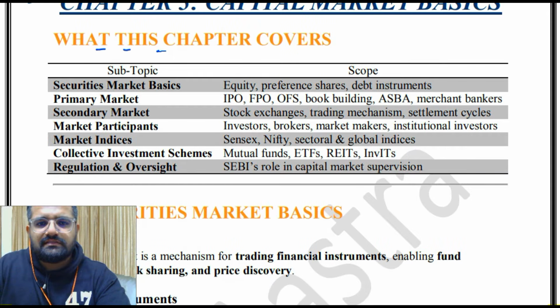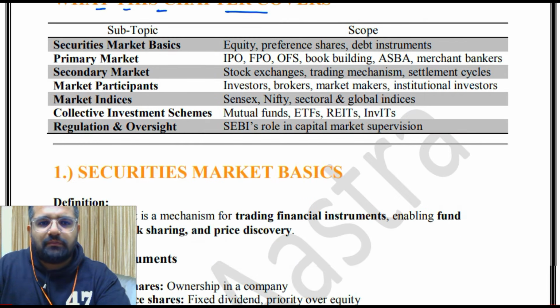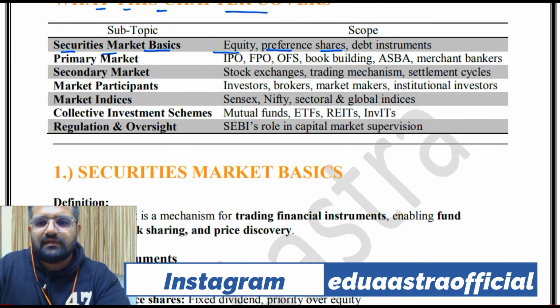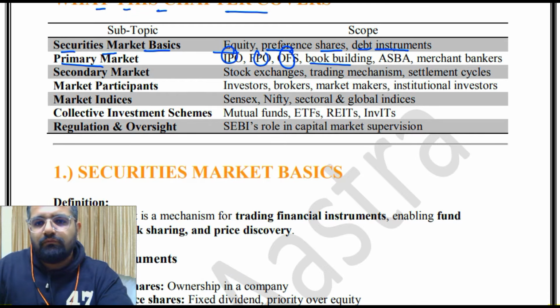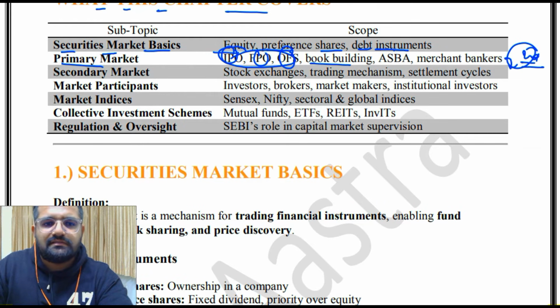Now what this chapter covers, subtopics and scope: securities market basics, equity, preference shares, debt instruments, then primary market, your IPOs, FPOs, OFS, book building, ASBA, merchant bankers. Now what are all these? You will know all this before the chapter ends. Then secondary market, stock exchanges, trading mechanisms, settlement cycles.